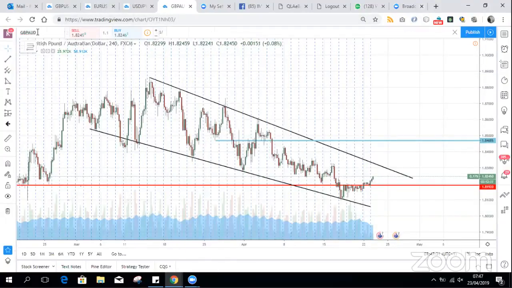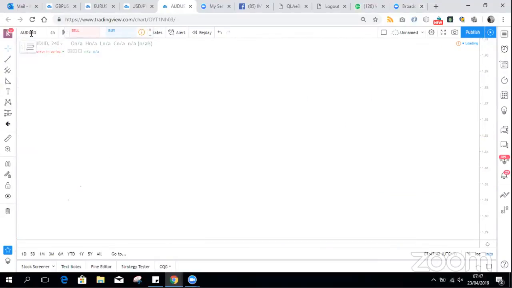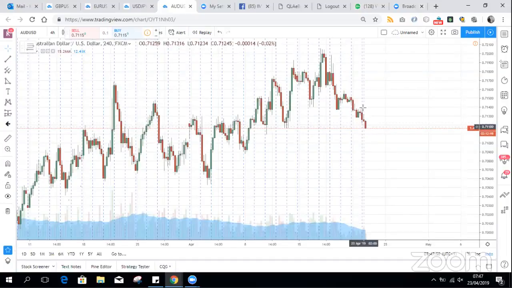Okay, what else can we look at? AUD, USD. I'm sure we'll probably have some action around New York. Oof, how big is the range? Okay, quite useful.